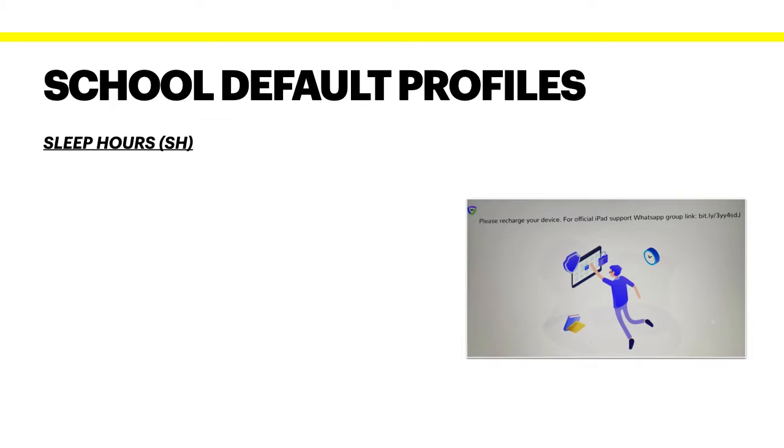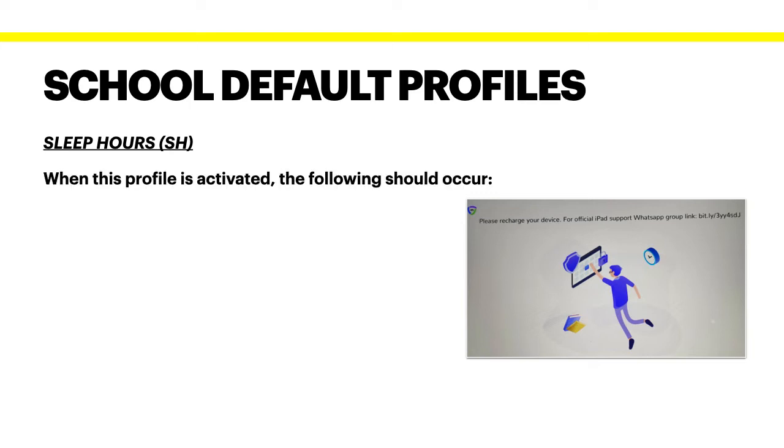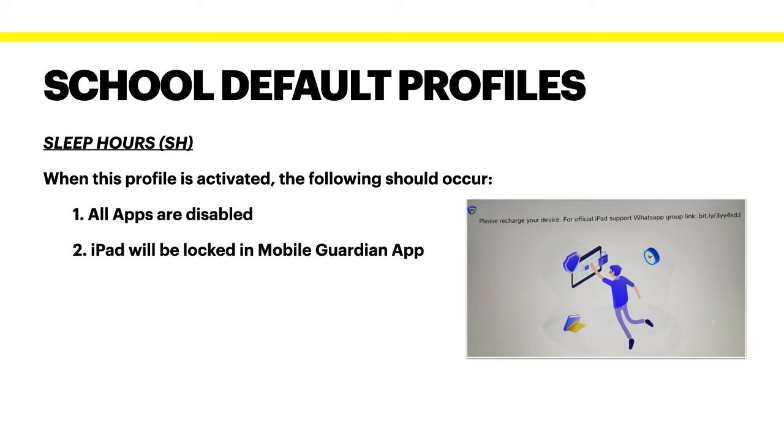Now, the last profile is a very popular profile. It is known as the sleep hours profile. When this profile is activated, the following would occur. One, all apps on the iPads will be disabled from being used, and the iPad will then be locked in the mobile guidance app.